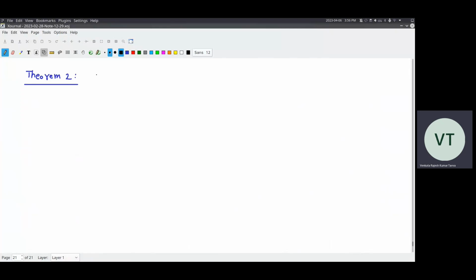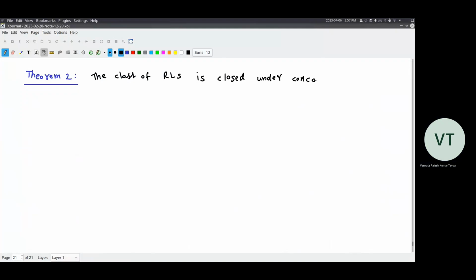Okay. The class of regular languages is closed under concatenation.